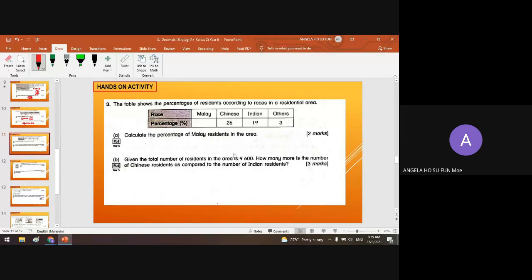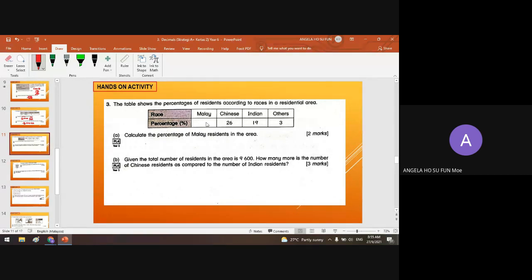Okay. Who wants to try for 3A? Teacher, can I try? Okay, who are you there? Michelle. Okay, very good. So how many percent of Malay residents are there in the area? 75%. You say 75%.